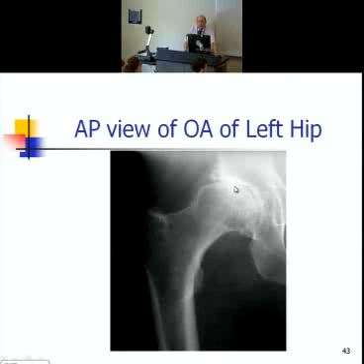I don't see any joint space up here. It's completely collapsed. This is an osteophyte. This is an osteophyte. This little thing here is an osteophyte. And you can even see that there's some distortion in the normal shape of the femoral head. This is an osteoarthritic joint that needs a total joint replacement. Okay?